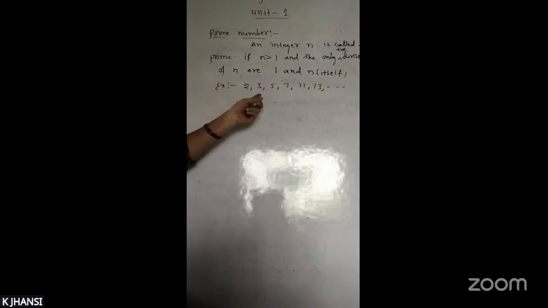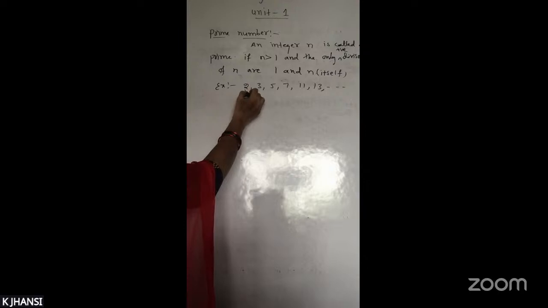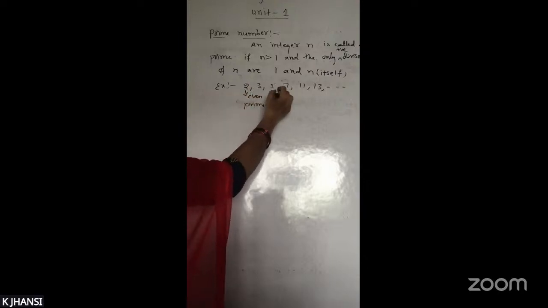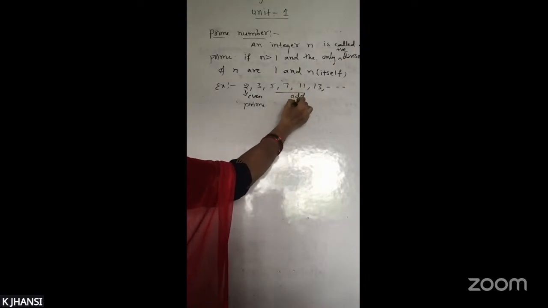Its factors are 1 and itself. So whatever numbers have divisors or factors as 1 and themselves are called prime numbers. 2 is called the even prime, and all the others are odd primes.